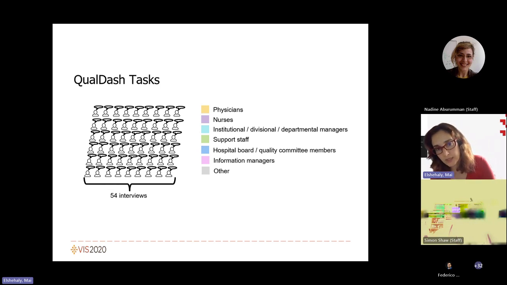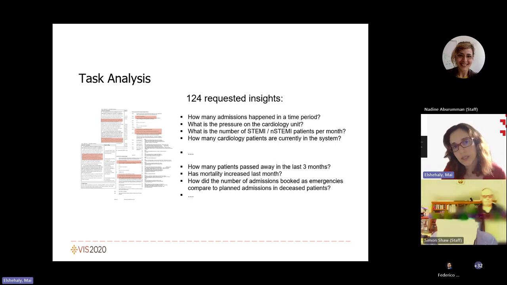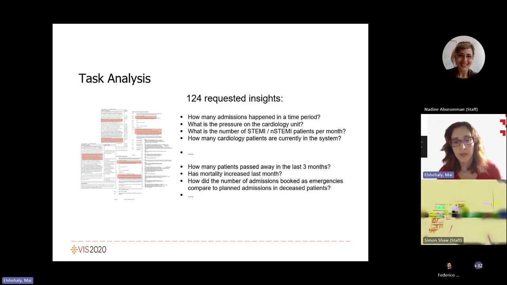And this was obviously a very rich qualitative data set. So we started doing some thematic analysis with it. And based on it, we extracted about 124 different types of insights. So these were the tasks, if you will.